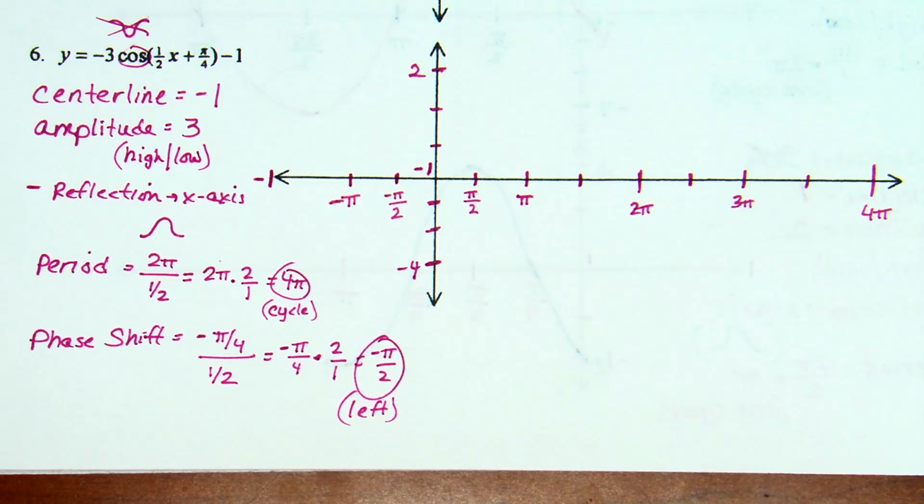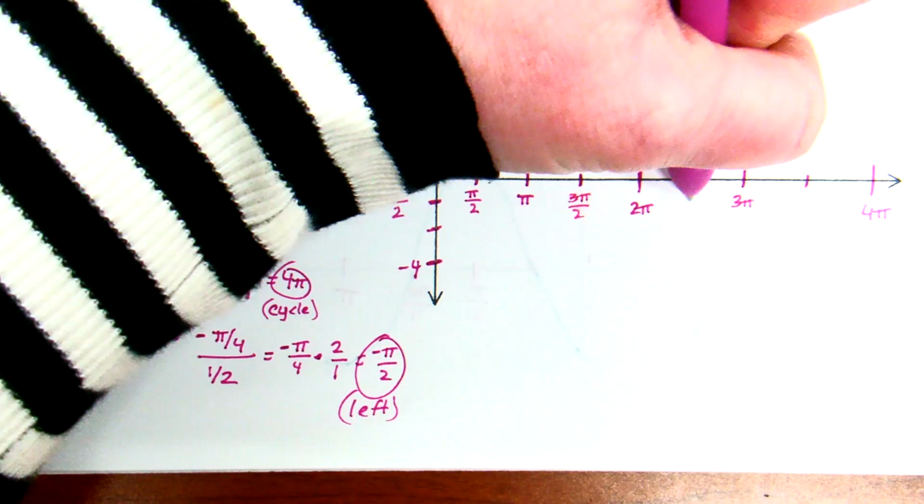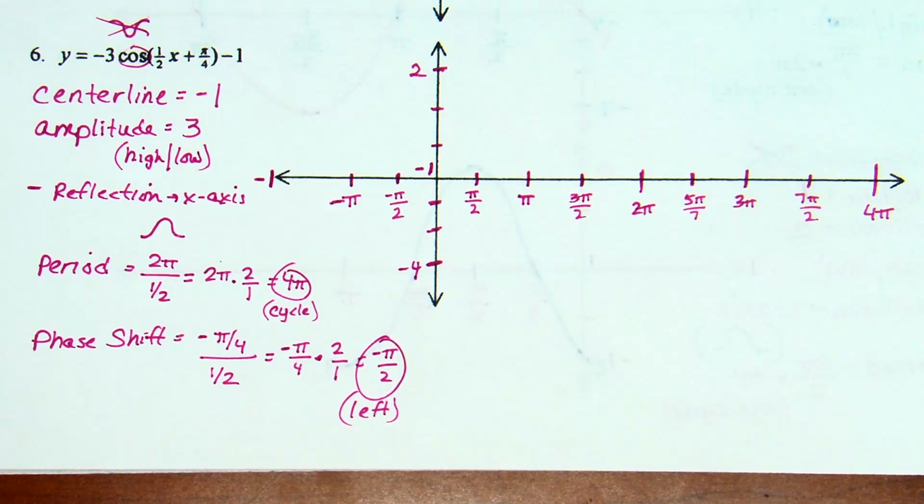So if I put these, 3 pi over 2, 5 pi over 2, 7 pi over 2. Okay, remember, what were my original marks? 1 pi, 2 pi, 3 pi, 4 pi, right? Okay, I'm going to try and zoom in so we are focused on the graph because that's what's important.